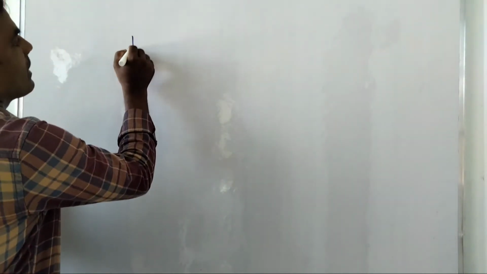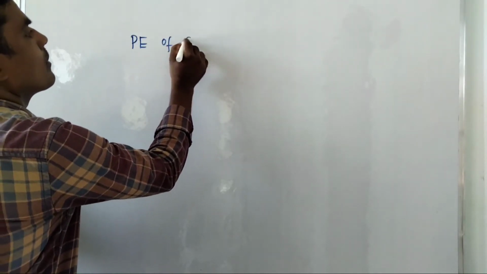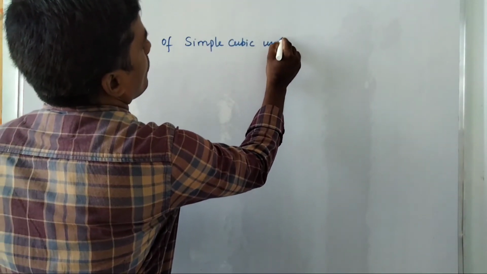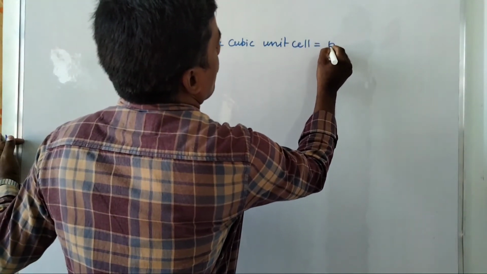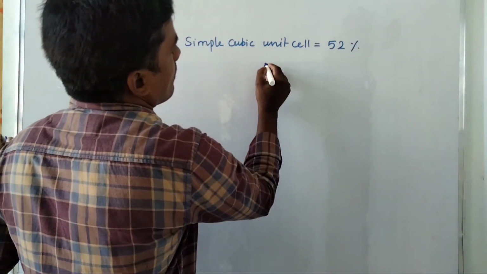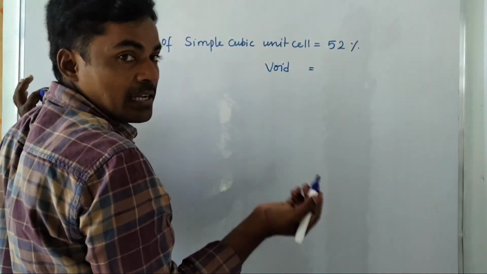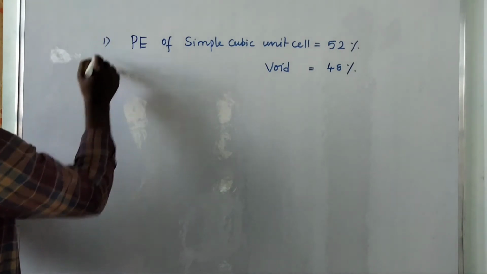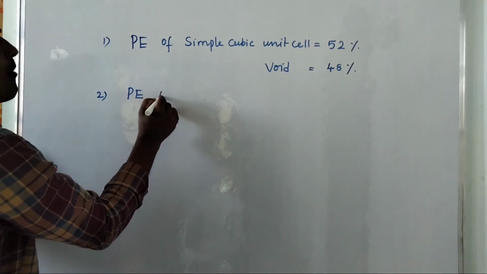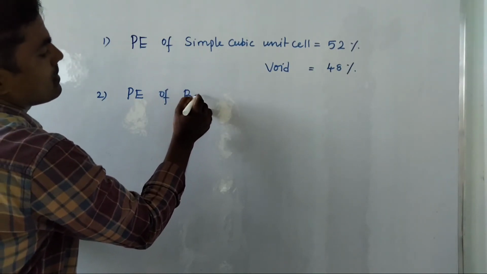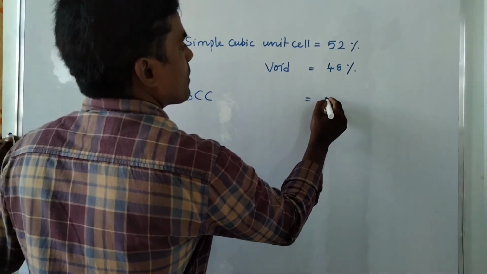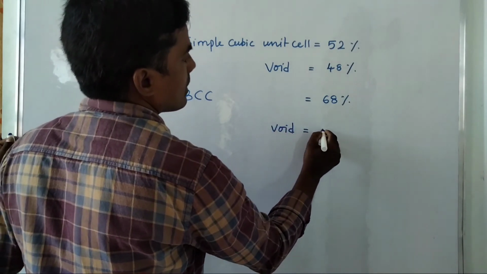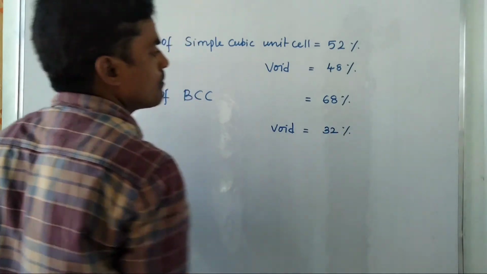So the packing efficiency of the simple cubic unit cell equals 52%, and void, meaning vacancy, equals 48%. Next, the packing efficiency of the body centered cubic unit cell equals 68%, and void equals 32%.